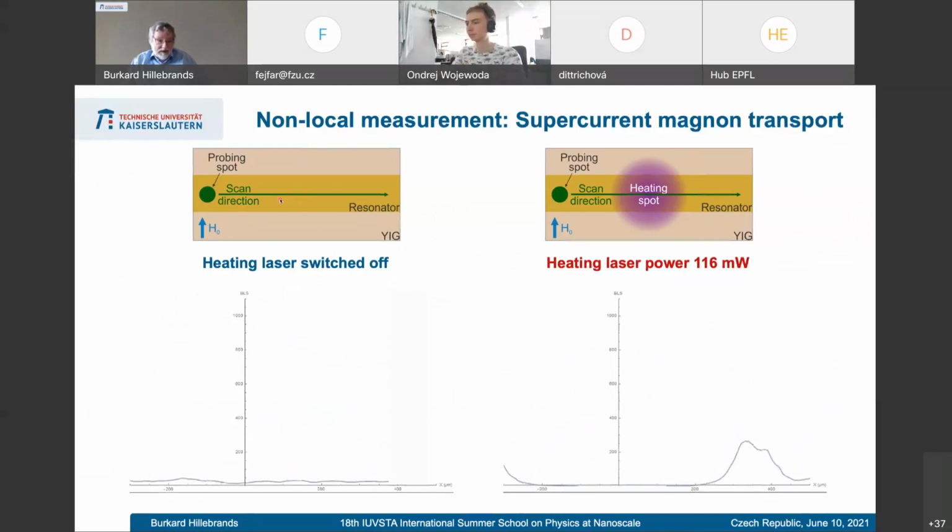And of course, eventually it decays, like we know, because of the residual coupling to the phonons. But if you have the heating spot, you see here that at the heating spot, the magnons disappear very quickly. And instead, these two humps are formed here. Or in other words, the magnons are pushed out of this region.